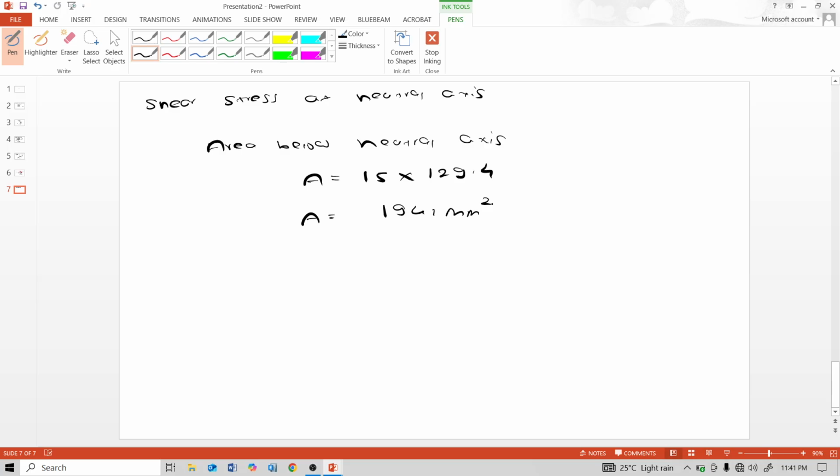And the CG of the area below the neutral axis is this neutral axis 129.4 divided by 2, 64.7 mm, and the width at the neutral axis is 15 mm, denoted as small b.